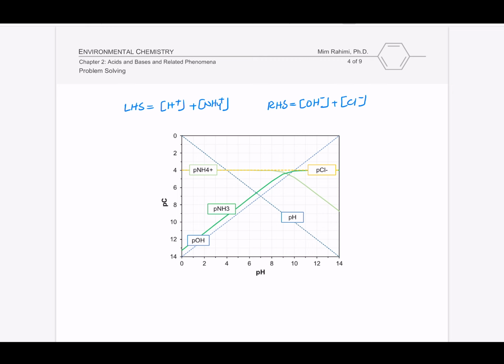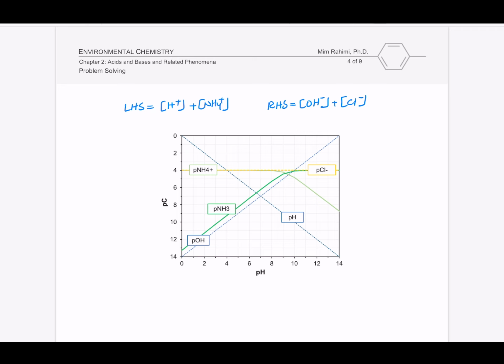And then we also talked in the lecture about how to combine two individual species on the P graph. How does that work? We basically take the higher value in terms of the curve. So let's start from the LHS. We are dealing with two lines, H plus and NH4 plus.